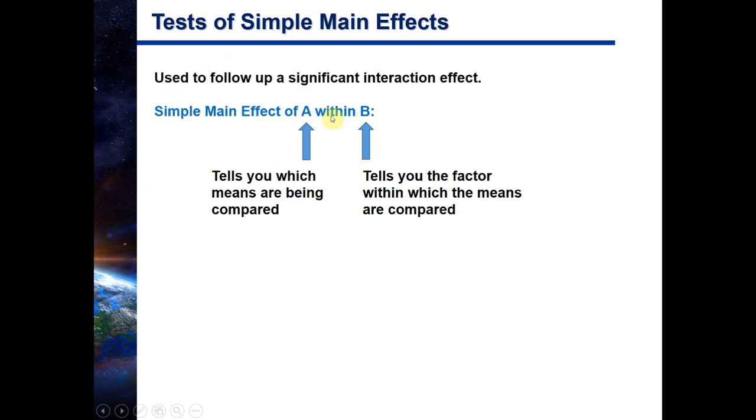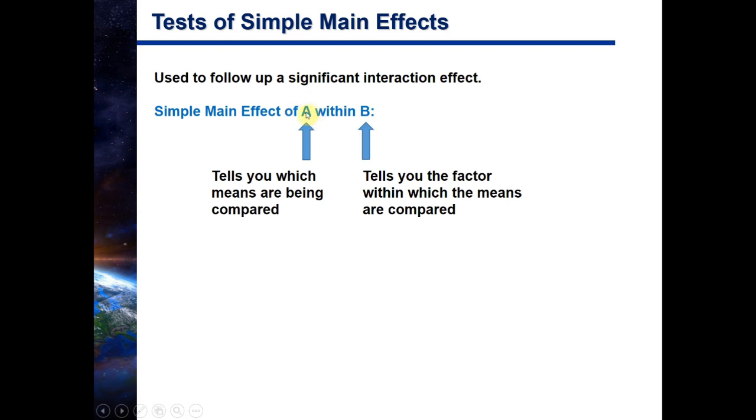So the way we phrase, tell people what we're doing is we'll say we've got a significant interaction effect. So now we're going to conduct the simple main effect of A within B. A and B are referring to the 2 factors in your ANOVA, okay, in your two-way ANOVA.